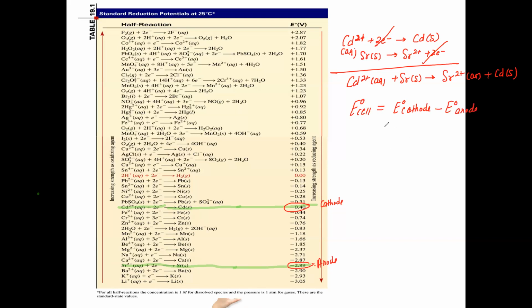Plug in the values. Cathode is minus 0.40. Anode is minus 2.89. What is the answer? Are you getting a plus answer, minus answer? Is it spontaneous? Is it a galvanic cell? Are you getting electricity? So all these questions can be answered. 2.49.